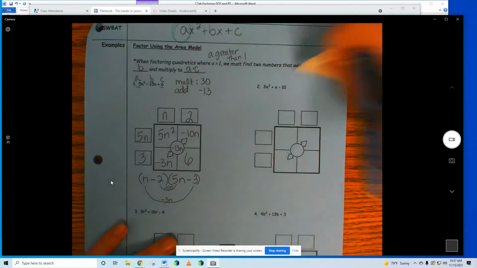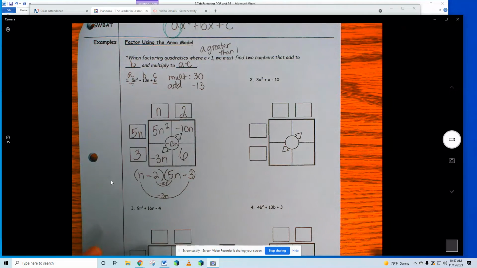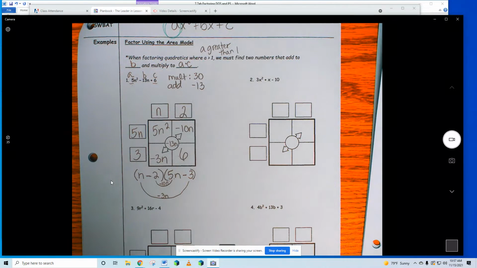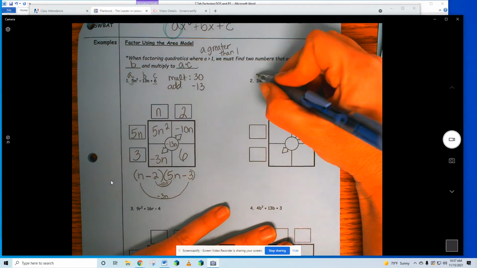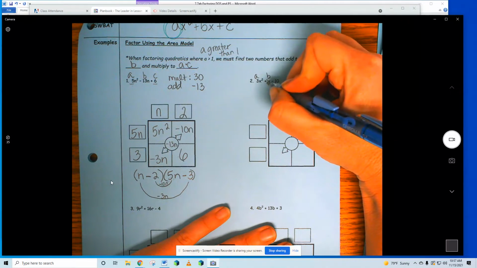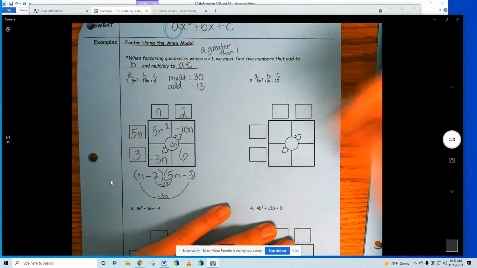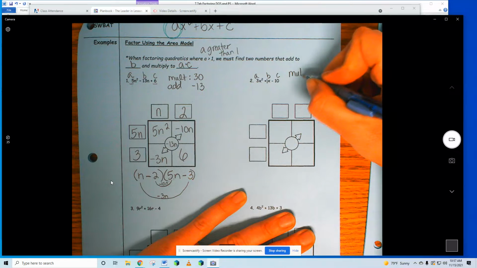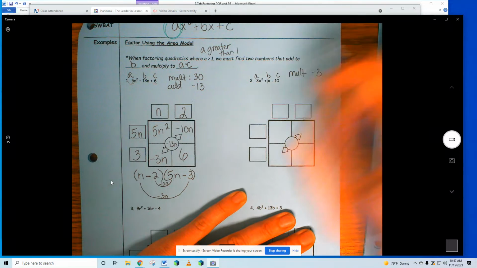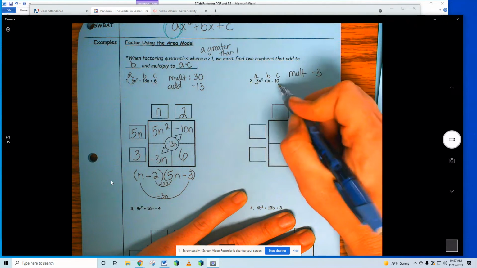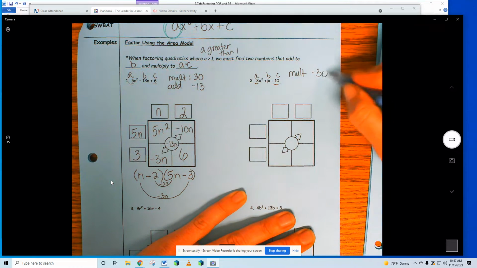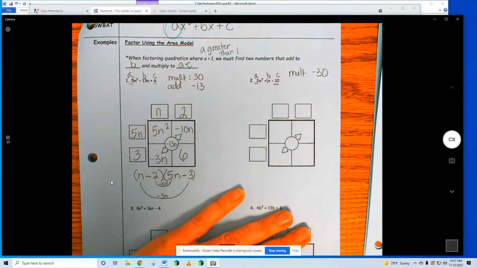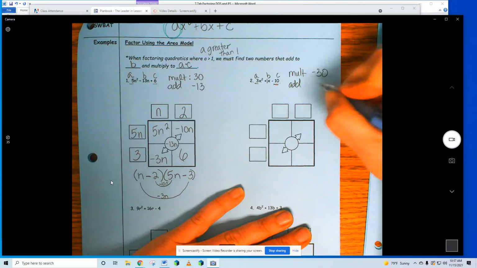All right, let's do number 2. I need them, remember A, B is like a 1, and C. Multiply to negative 30, 3 times negative 10, right? 3 times negative 10, negative 30. Add to 1.